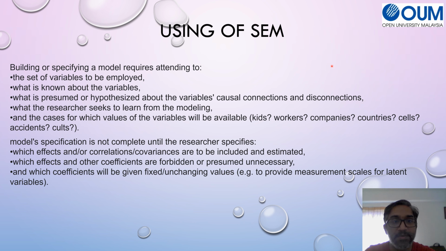So building or specifying a model requires attending to the set of variables to be employed, what is known about the variables, what is presumed or hypothesized about the variables' causal connections and disconnections, what the researcher seeks to learn from the modeling, and the cases for which values of the variables will be available. Example: kids, workers, companies, countries, cells, accidents, cults, and so forth.